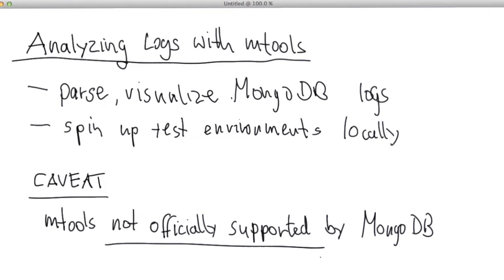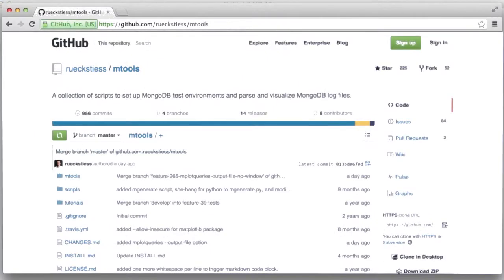And now our support team actually uses mtools every day. So this is the tool set that we use internally, and I wanted to share that with you and show you how you can use it as well to analyze performance issues or any other problems you might have with MongoDB.